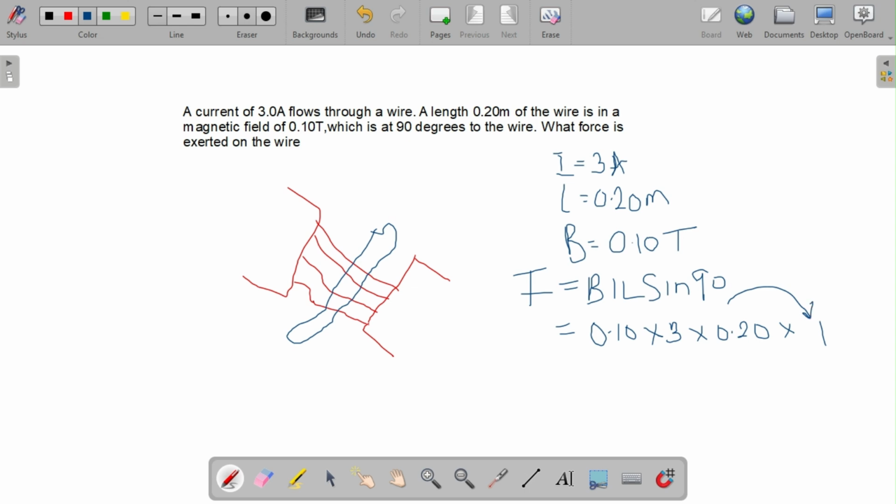So if you input that, that gives you 0.1 times 3 times 0.20, and at the end of the day, you're having a force of 0.06 newtons.